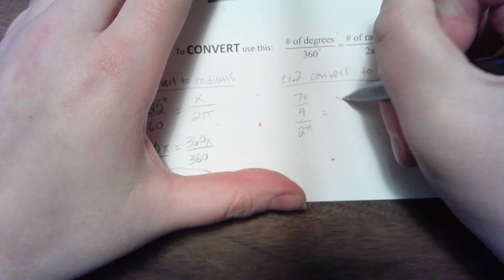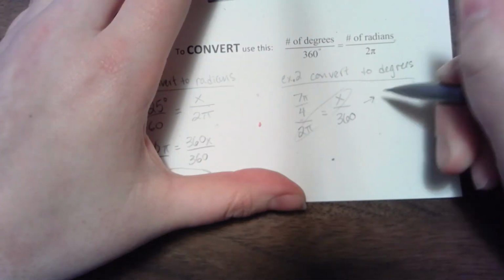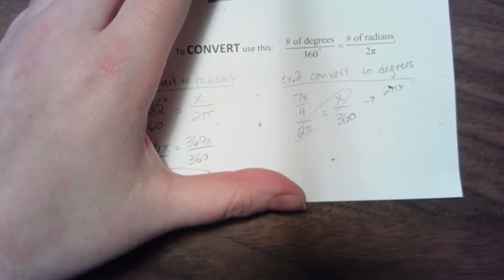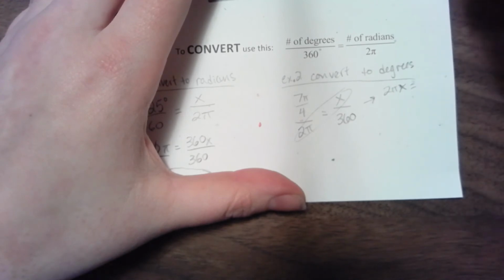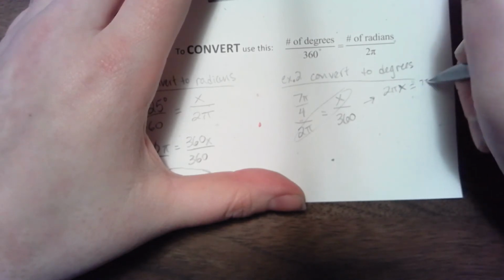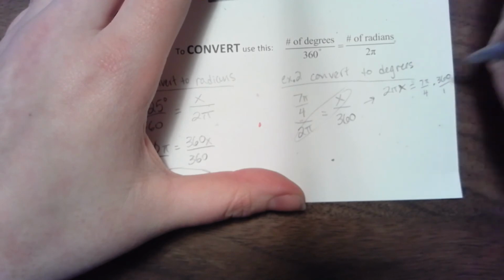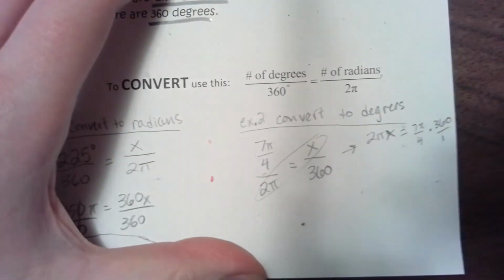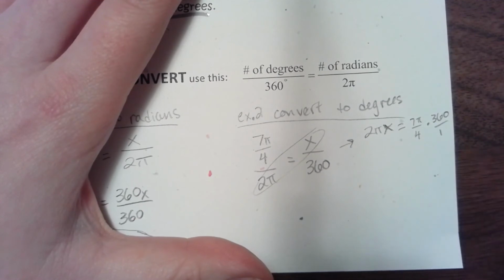So if I want to cross multiply, this is going to turn to 2 pi x, keep pi as pi. And then I'm going to be taking 7 pi divided by 4 times 360. Remember, a whole number can be written as a fraction over 1. So I would just multiply the top times the top over the bottom times the bottom.